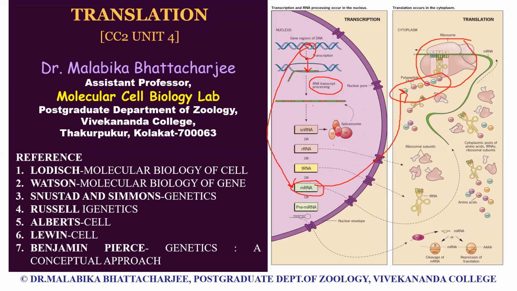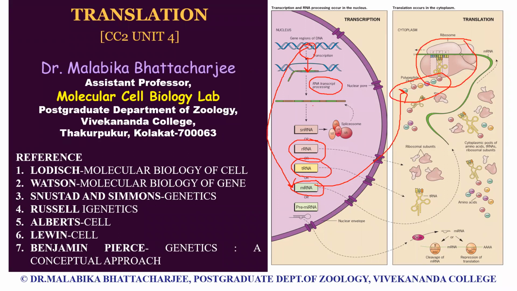Apart from that, 2 other RNAs are also essential to facilitate the translation process. They are the ribosomal RNA, which is essential in the process of translation, and the second one is the tRNA, which is also essential.